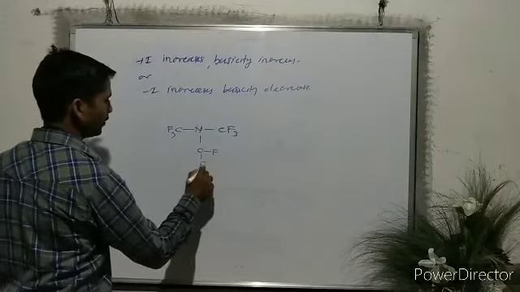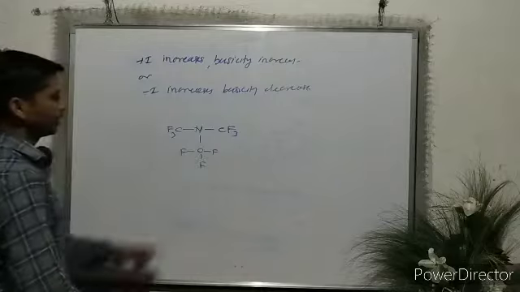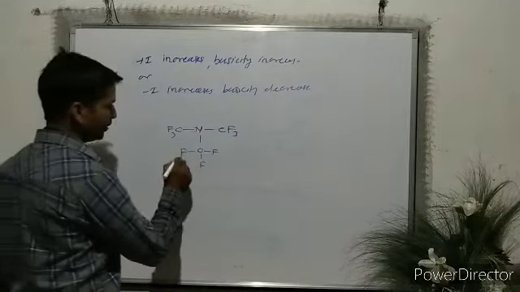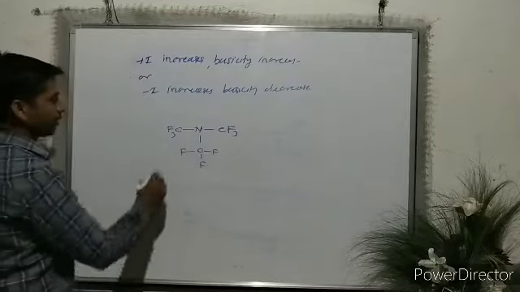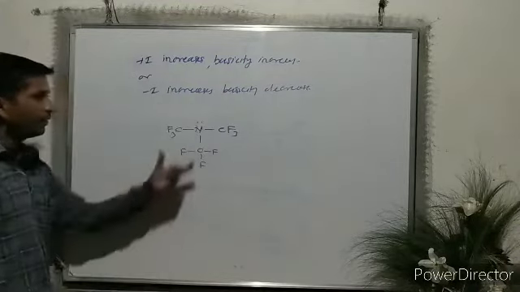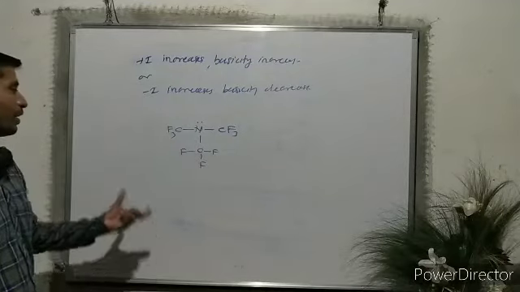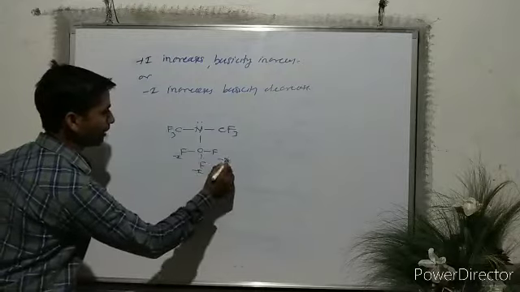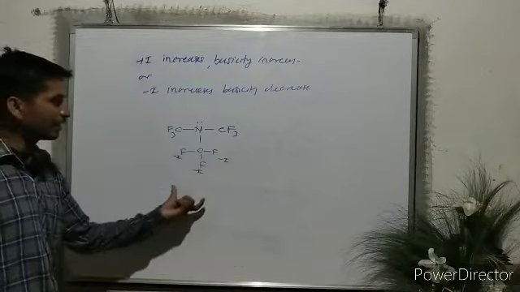I expanded this group, this is also CF3. I expanded this one to elaborate the minus I effect. So there are a total of 9 fluorine atoms. We know that the fluorine atom has a minus I effect. So fluorine exerts a minus I effect.